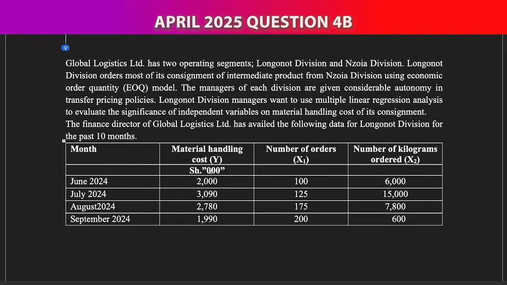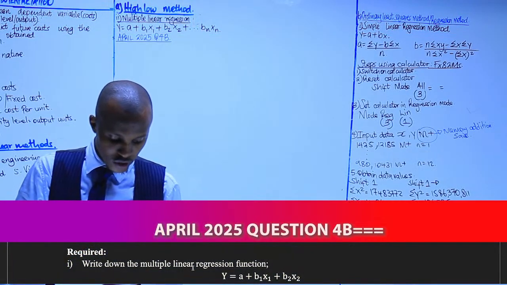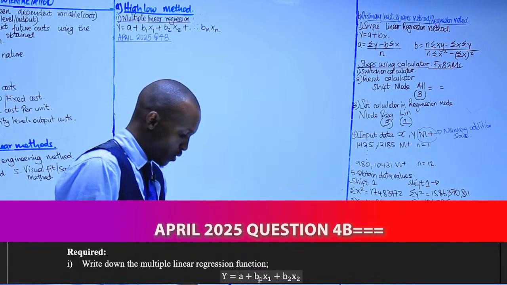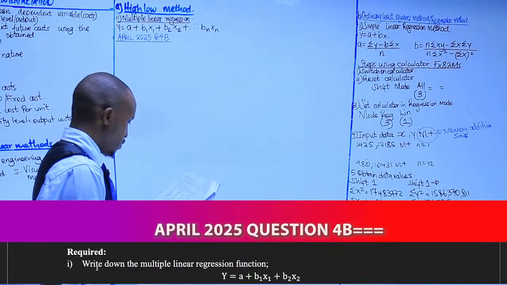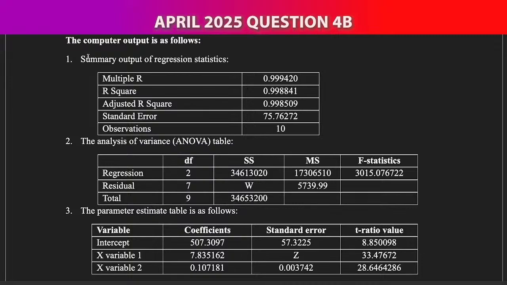So you have that as note number 1. Then the analysis of variance table, you also have it there as number 2. And number 3. Then required: write down the multiple linear regression function of y is equal to a plus b1 x1 plus b2 x2. So allow me to copy these tables. There are 3 tables that I will need to copy so that I show you how you get those.